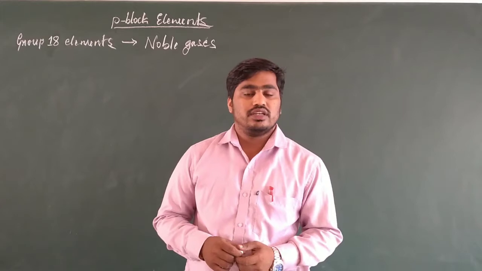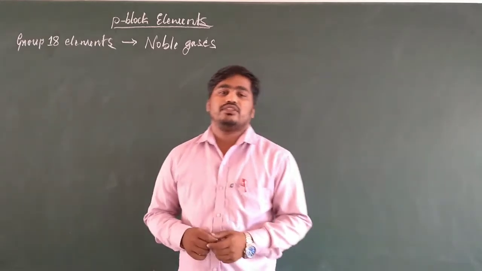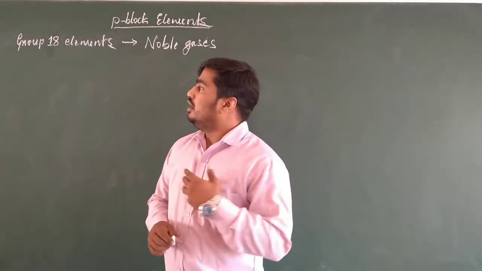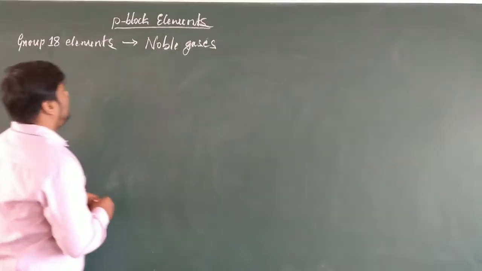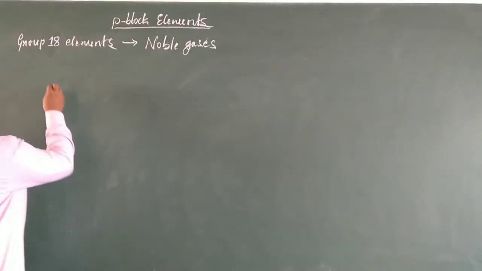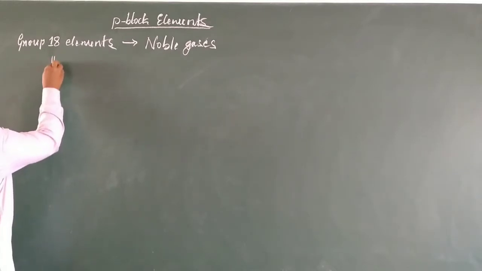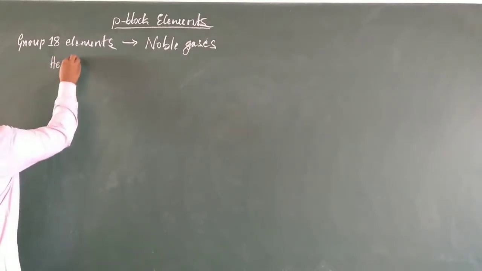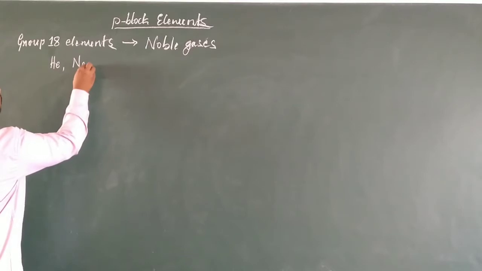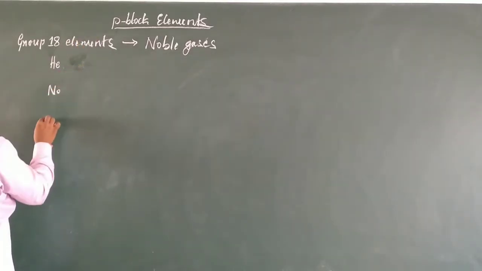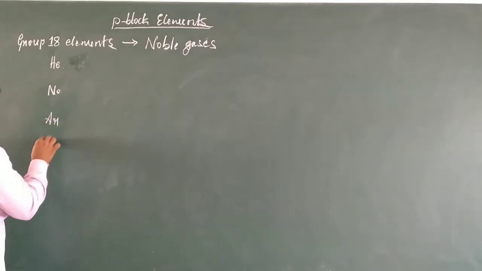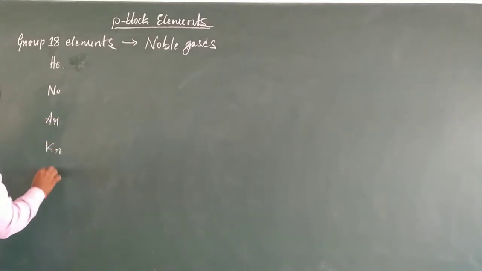Okay, let us discuss the noble gases or elements in group 18. Then what are the elements present in group 18? The first element is helium, next neon, argon, krypton, xenon.